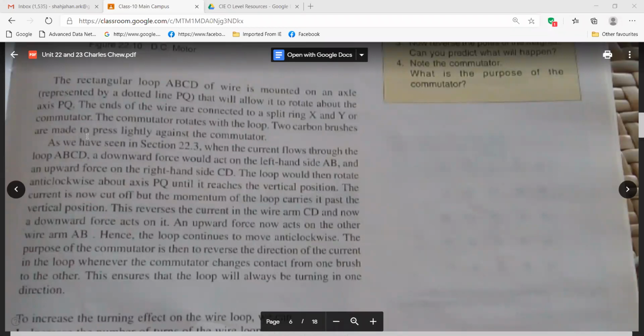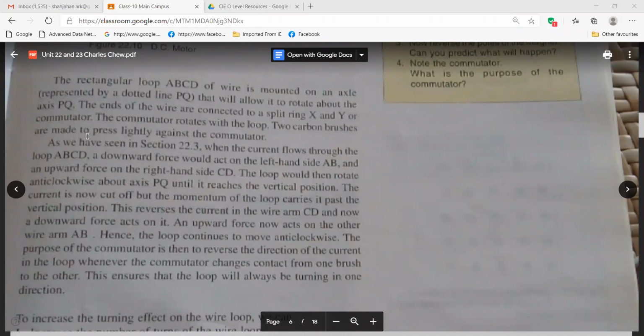As it is made from carbon, it is a little bit elastic, so we can easily have the frictionless connection over there. Is it clear why we are using carbon brushes here? To reduce the frictional effect. Is it clear?